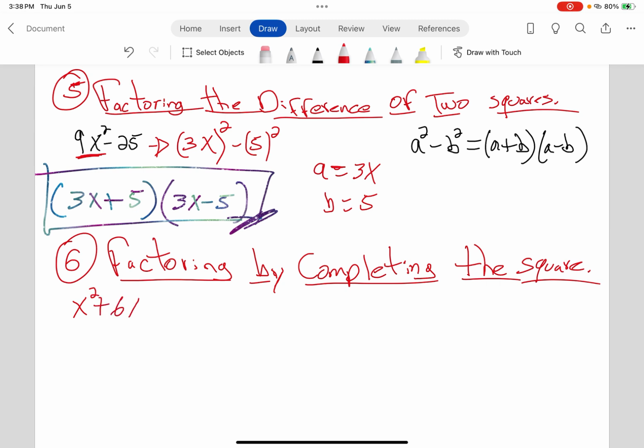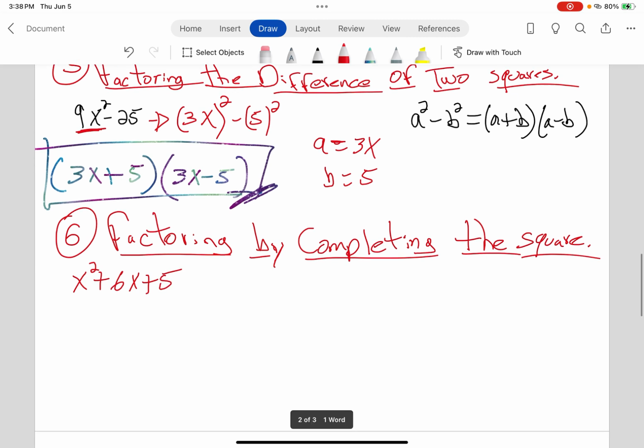So as the title says, you need to complete the square first, and then you'll be able to solve the question.